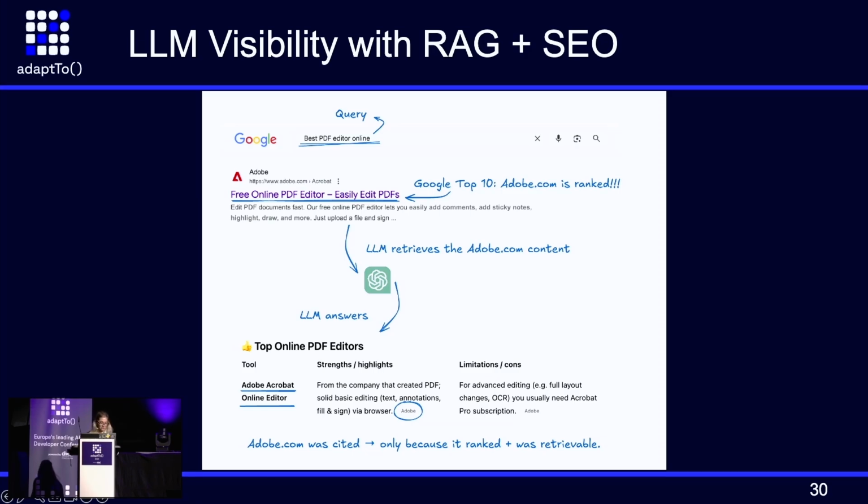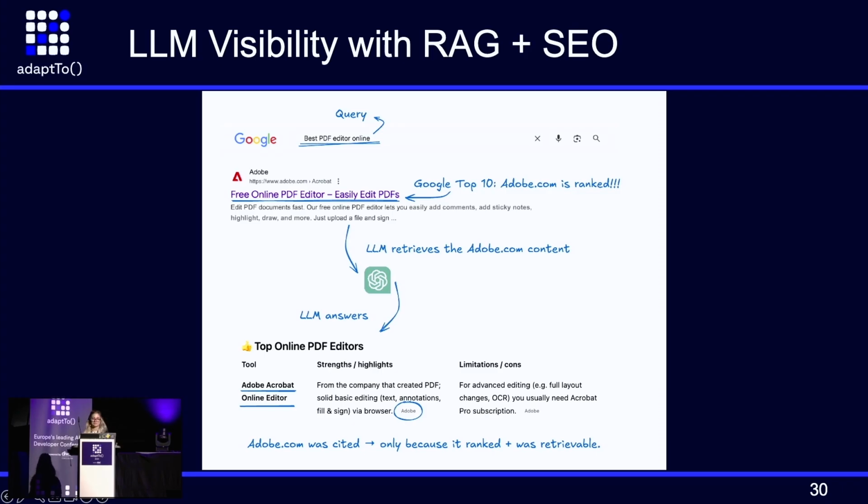Here I used Google, and Adobe.com is ranked in the top 10 results, which is good, because with that I know that the LLM retrieves the Adobe.com content and uses this content to generate the LLM answer, because I know Adobe.com is retrievable. And you see at the bottom the answer from ChatGPT.